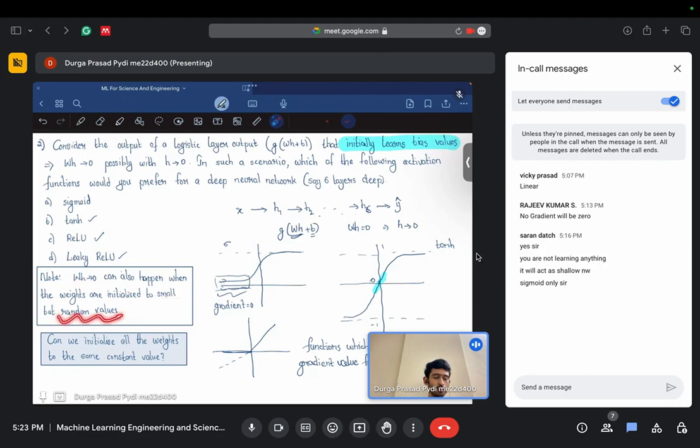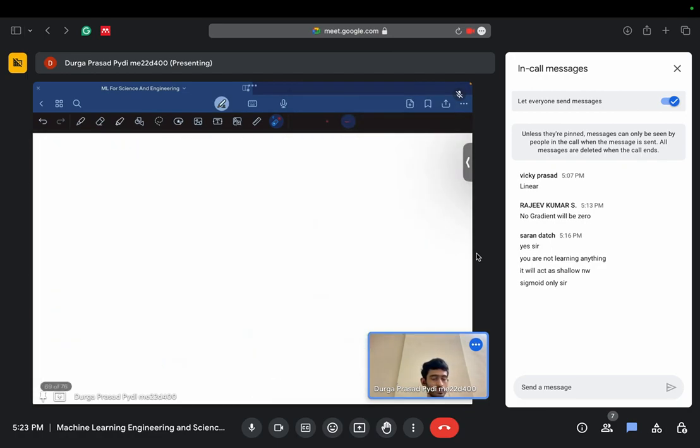So why do we have to use random values? Can't we just initialize all the weights to be zeros? Yes or no? First we'll split it into parts and then we'll see.